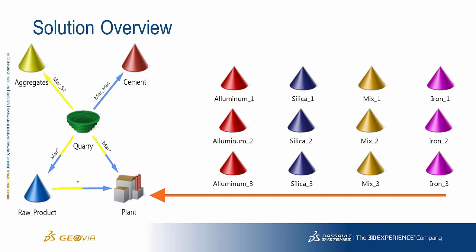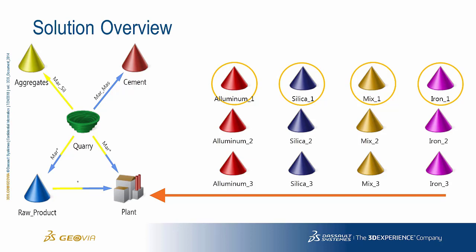And they would pick and choose this according to whatever the quality shortcoming of the material coming out of the quarry is. So, for example, we can pick in any given scheduling period material from an aluminum material provider, silica, a mixed provider, or an iron provider. All of those are sort of necessary to supplement the material coming out of the quarry.